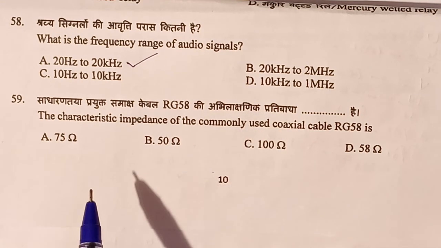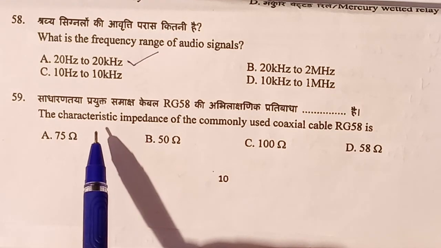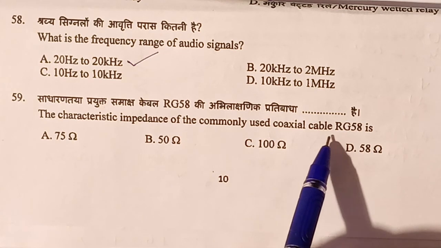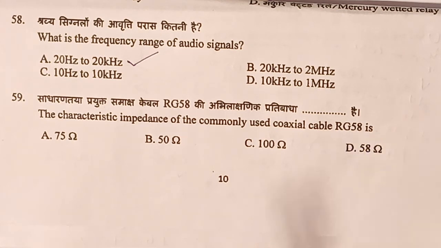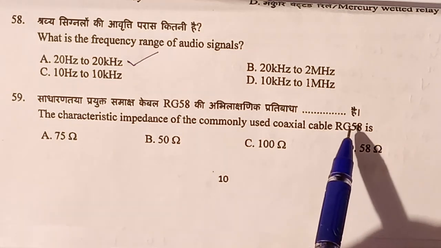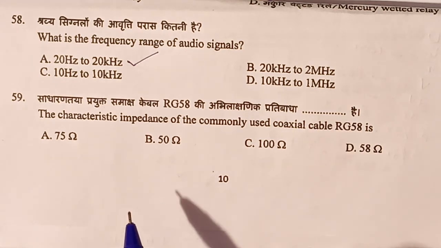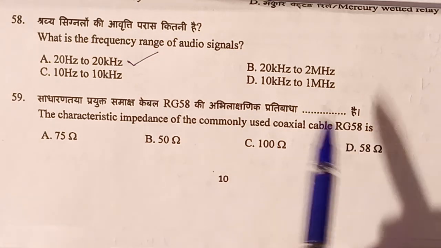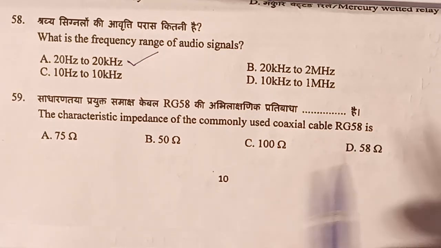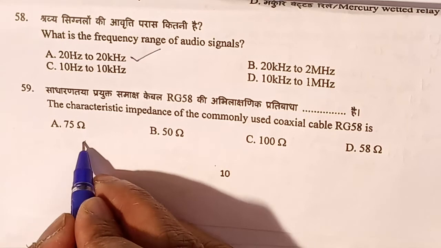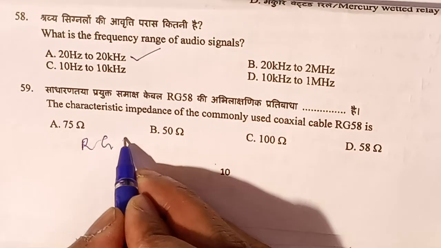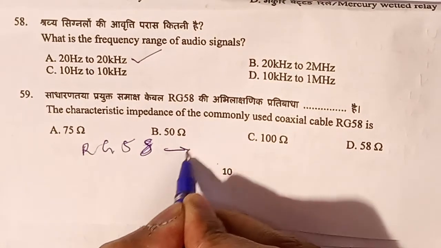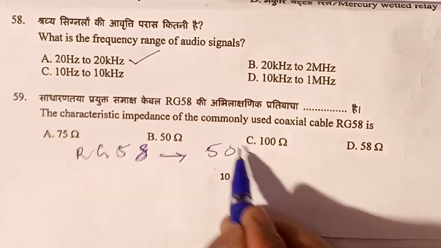So our last question: the characteristic impedance of the commonly used coaxial cable RG58 is. Coaxial cable is normally what we see for TV and CCTV. This RG58 cable has an impedance of 50 ohm.